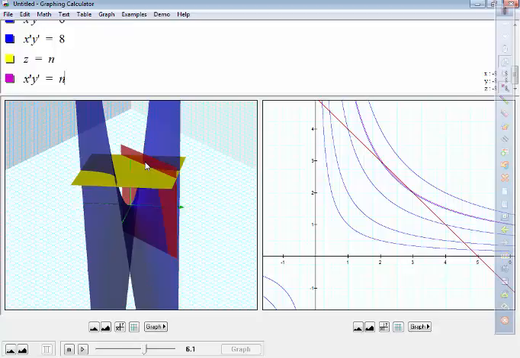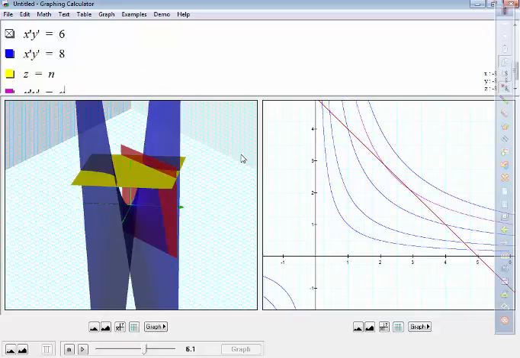So what can you say about that point that we're looking at? As we move the plane upwards, it gets closer and closer to the level curve that we created.